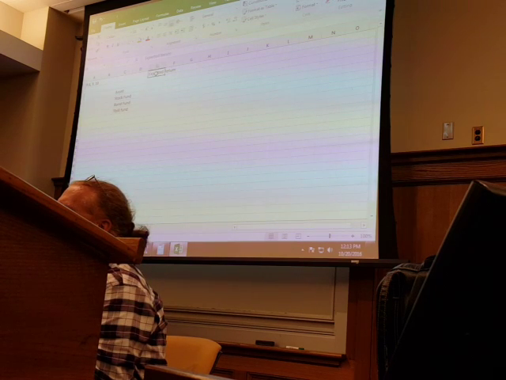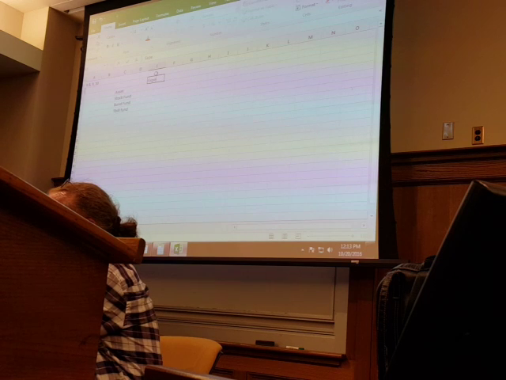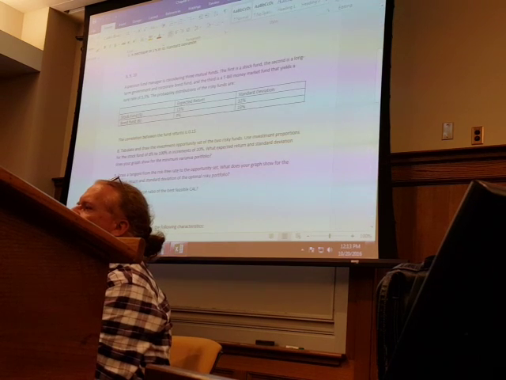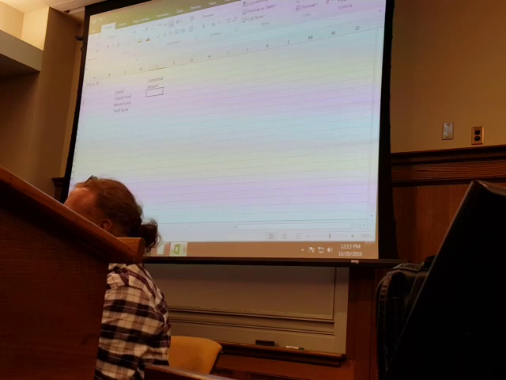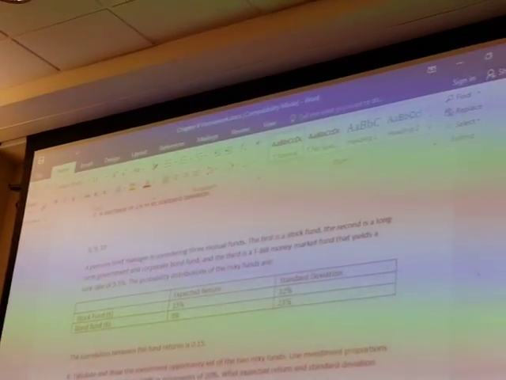Let's put that. Point, or be 15%, 9%. And on the T-bill, money market fund, 5.5%.